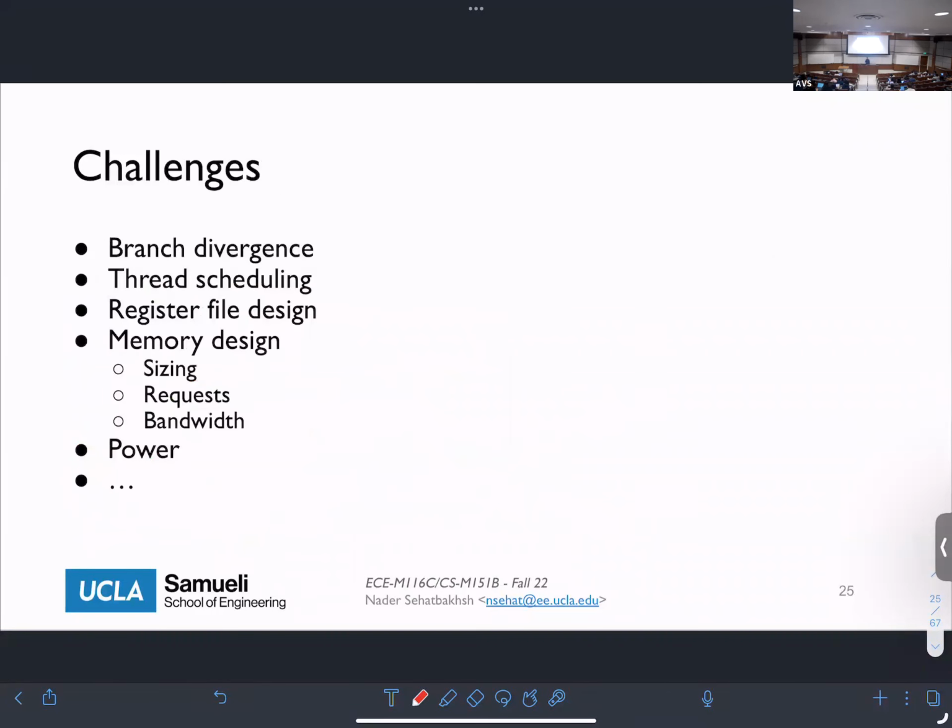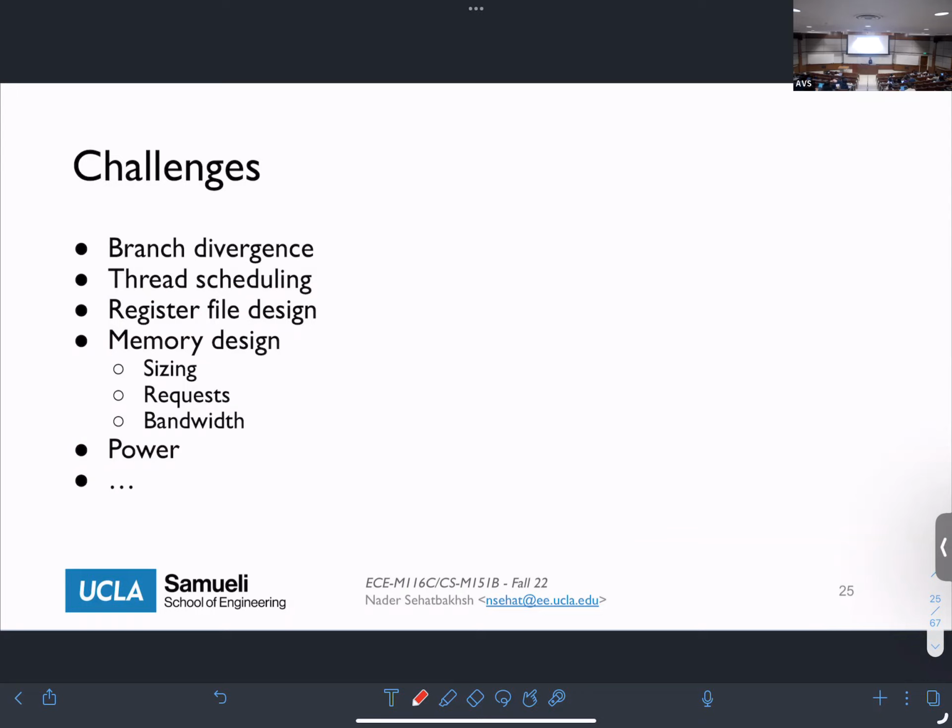So what are the challenges? I told you that branch divergence is a big problem. The scheduling of threads is another big problem. If you have multiple blocks and multiple grids, how do we schedule them to get the best performance out of the system? The design of the register file and reading from it is a big challenge because we're talking about thousands of registers, compared to a few hundred.